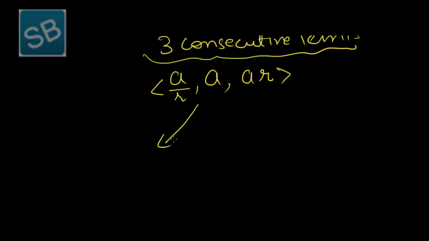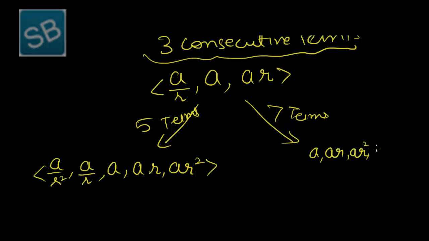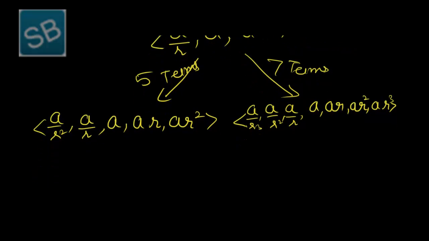Now the 5 terms: A, succeeding terms are multiplied by R, A into R, AR square, and preceding terms are divided by R, A by R, A over R square. And 7 terms: A into R, A into R square, again multiplied by R, AR cube, and here A by R square, A by R cube. So these are the consecutive terms of a GP, that is geometric progression.